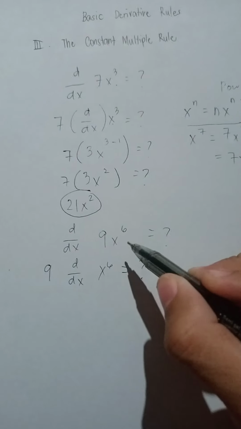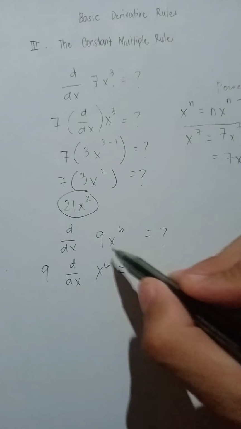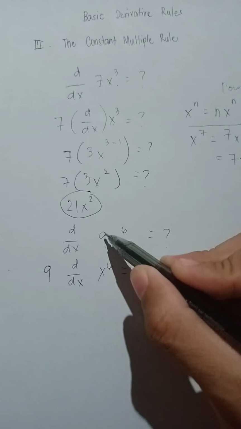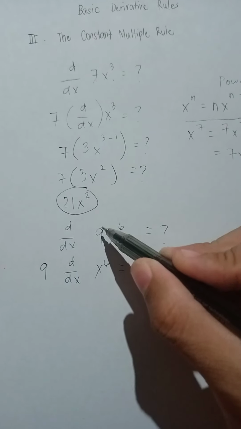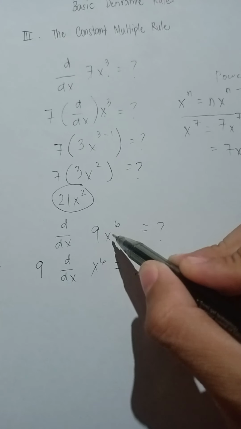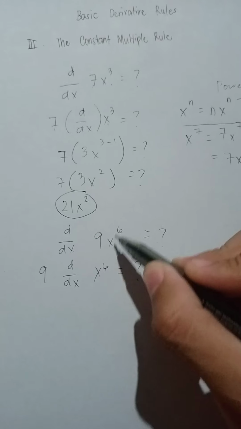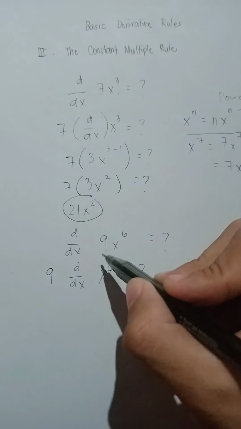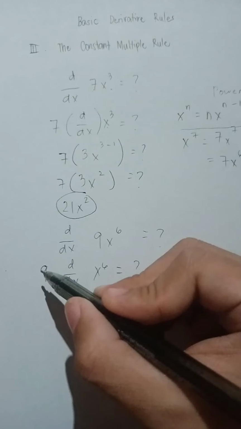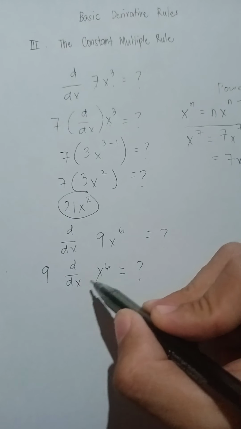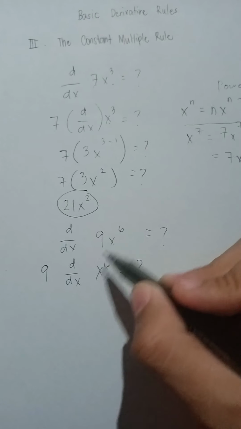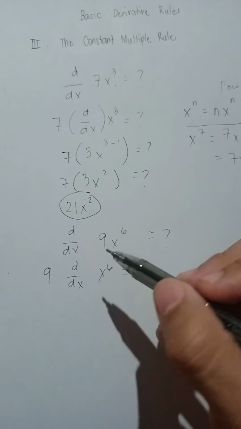So for example, in simpler terms, if this is the given, we will leave aside the constant that is next to the variable with its exponent. We will leave it aside. Then we will find the derivative of what is left, or the x to the power of 6.